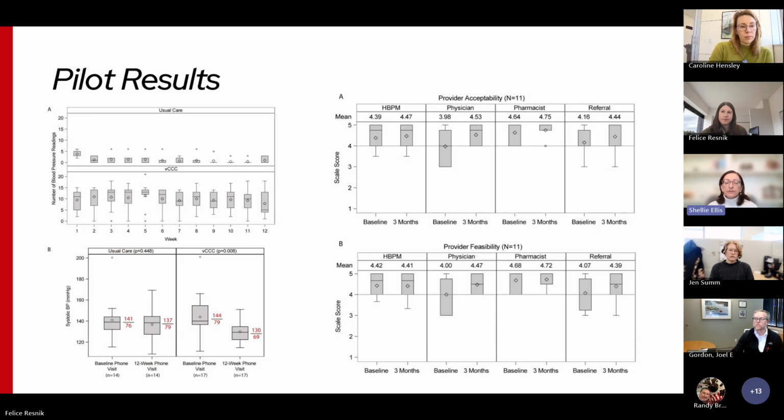They thought it was acceptable, and that didn't really change over time. Hypothetically, they thought it was a good idea, and then as they experienced the program, they maintained their attitudes about the program.